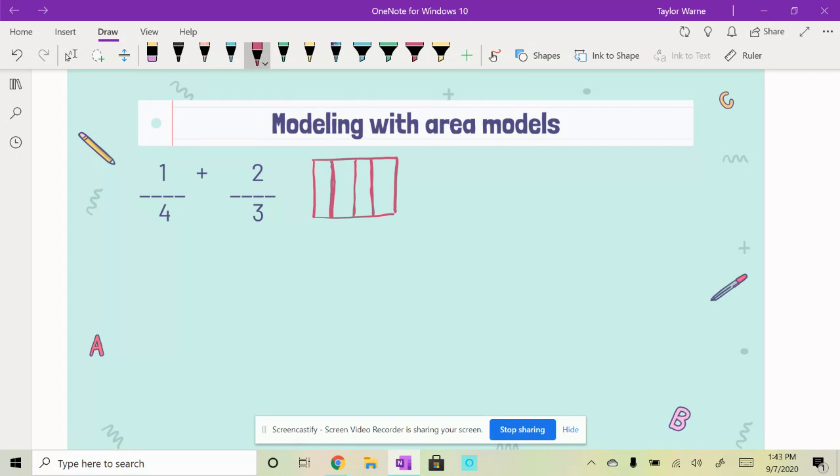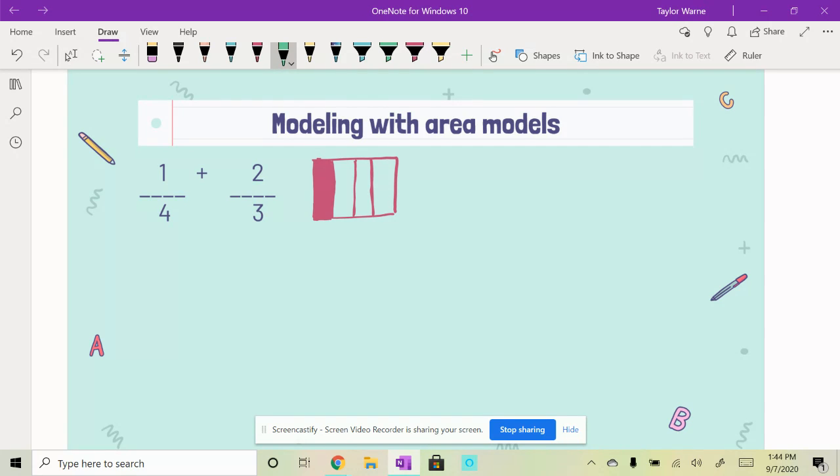If this box is made up of 4 equal parts and I only have 1/4, well, 1/4 means I would shade in this area. And now I have 1/4.